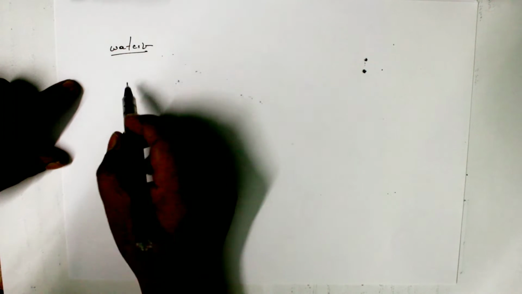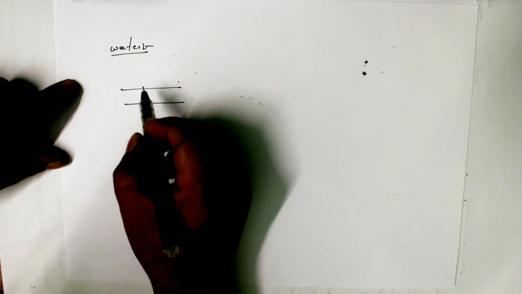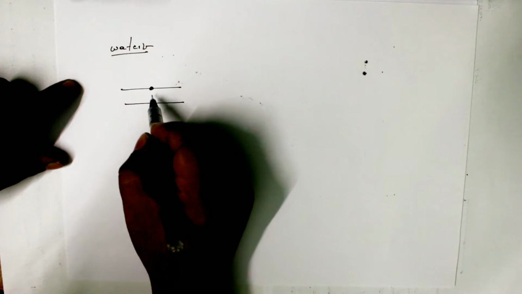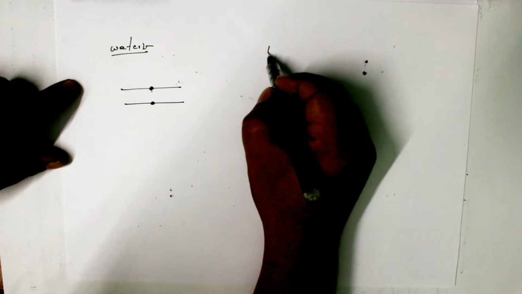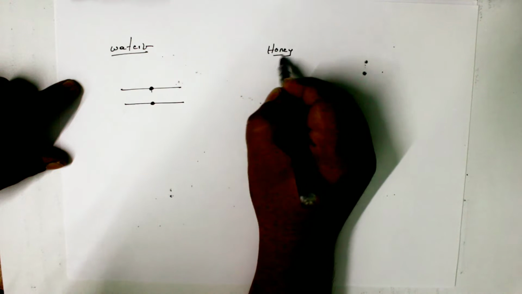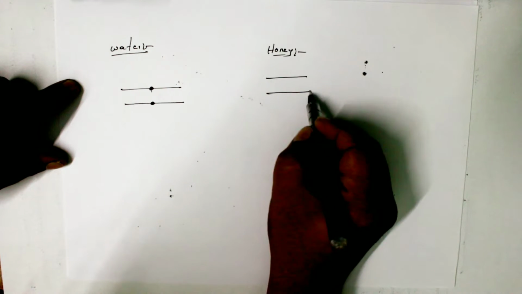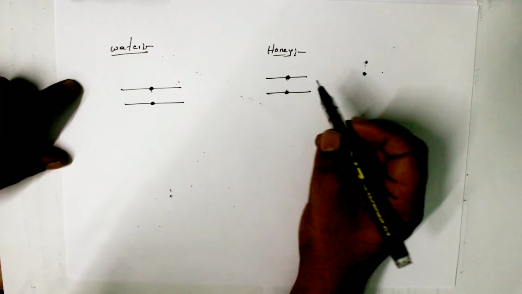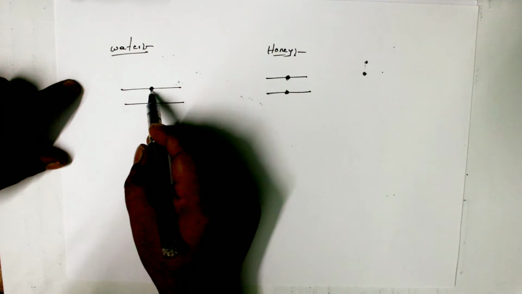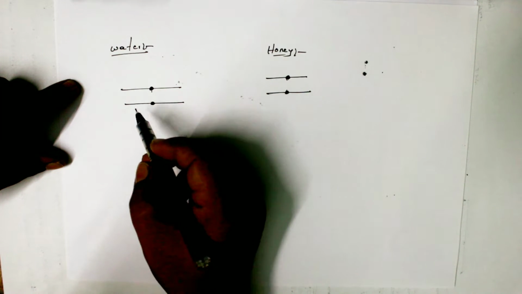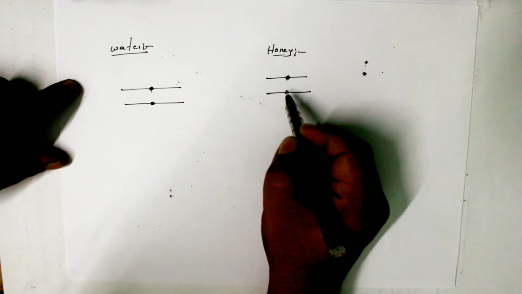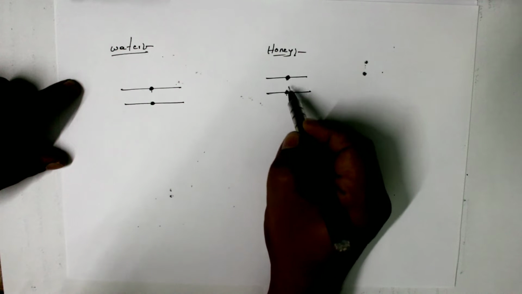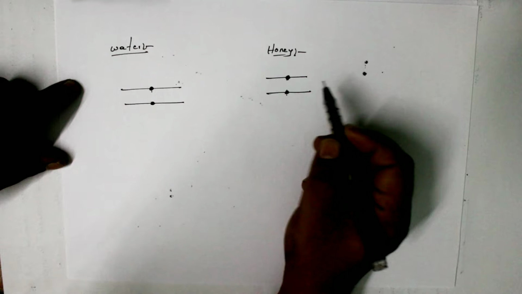For example, if water is flowing in the form of layers, then the cohesive force between two water molecules is lesser when compared to two molecules of honey. For example, these are two layers of honey which are flowing, and these are two molecules. So the cohesive force between two water molecules is lesser when compared to the force of cohesion between two molecules of honey.